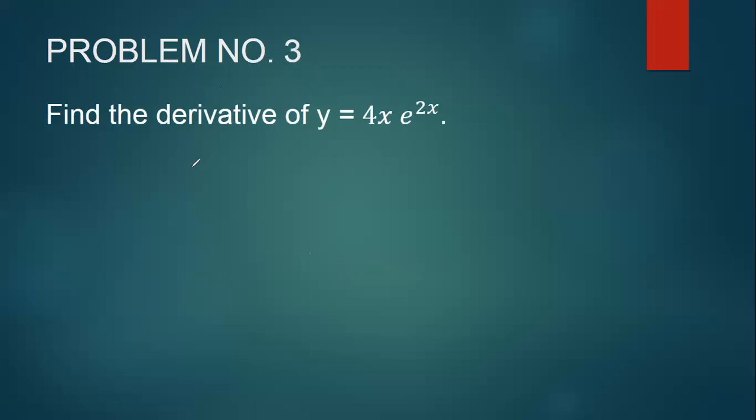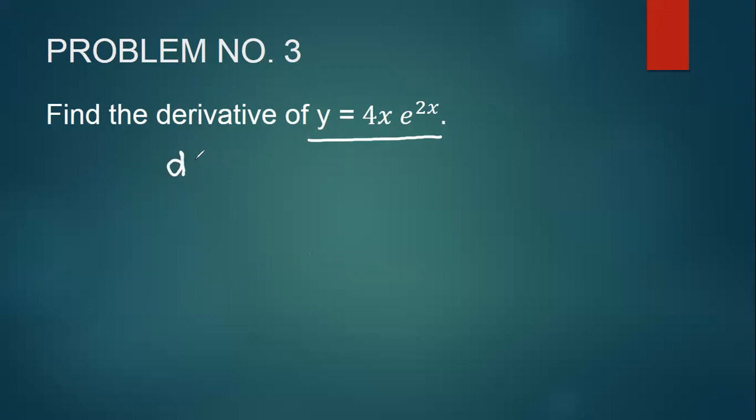You're asked to find the derivative of y, which is equal to 4x times e raised to 2x. We cannot directly use the exponential differentiation, but we can use the product rule for differentiation.